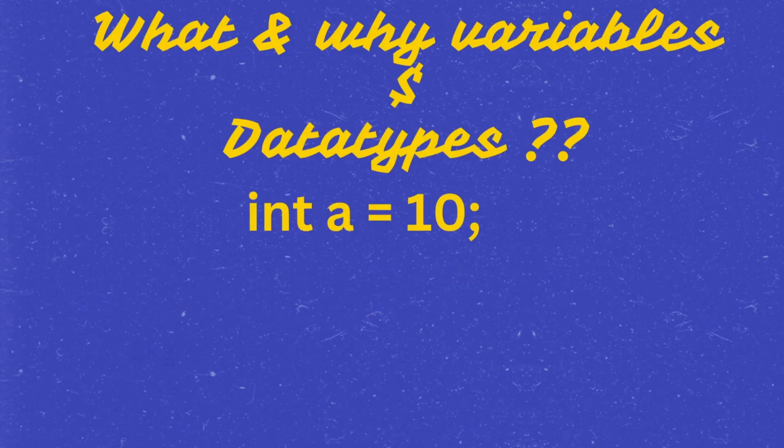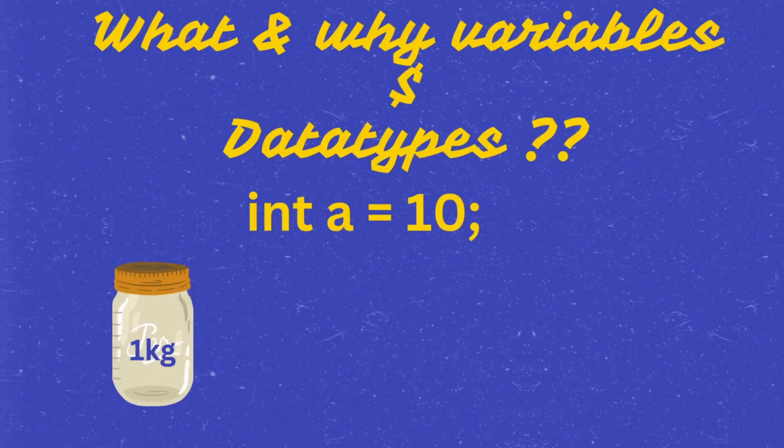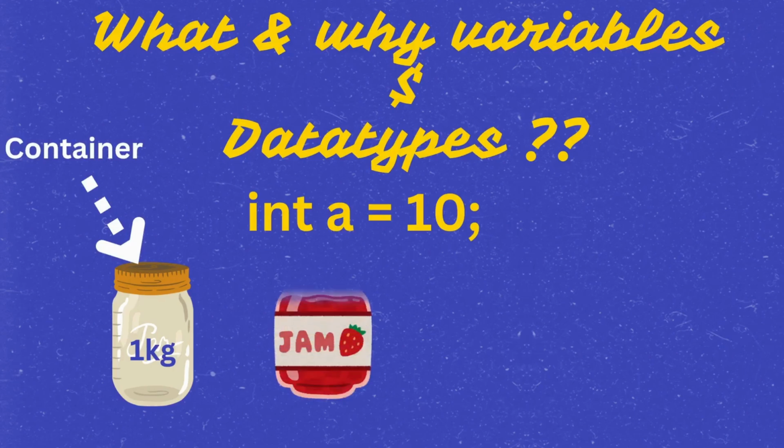To simplify this, let's take a real-time example. Normally we have a jar or container in our home, right? Say there is a 1 kg jar or container. In that 1 kg container, what can you store? Say I can store 1 kg of jam.